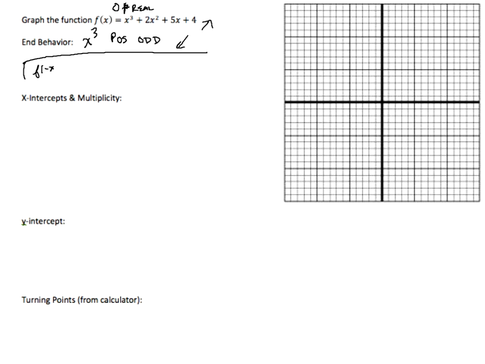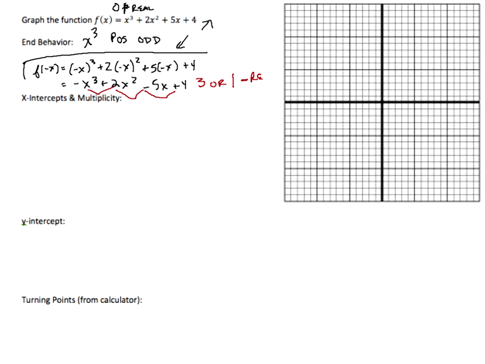So f of -x is -x cubed plus 2 times -x squared plus 5 times -x plus 4 gives me -x cubed plus 2x squared minus 5x plus 4. So I have sign changes here and here and here, which means I either have 3 or 1 negative real zeros.